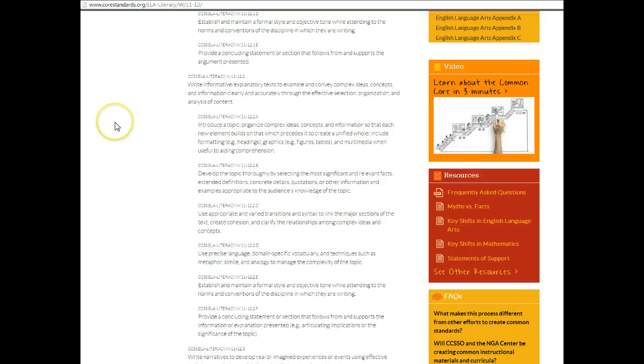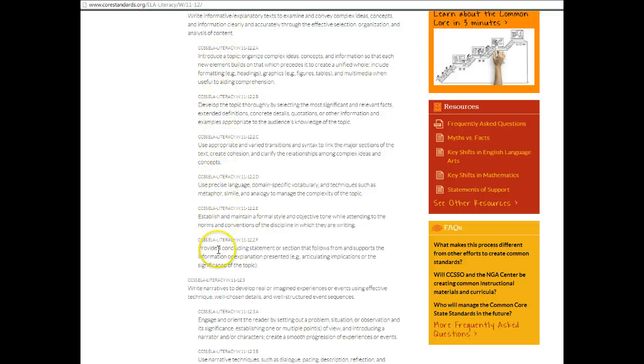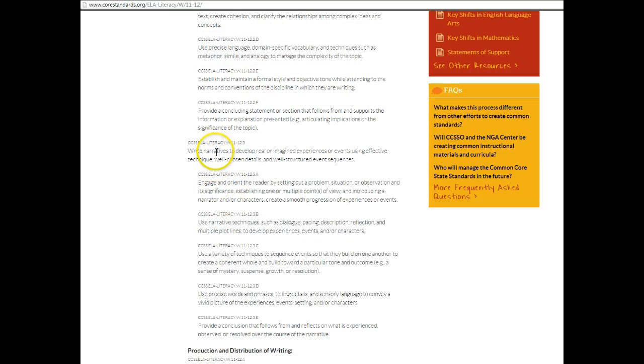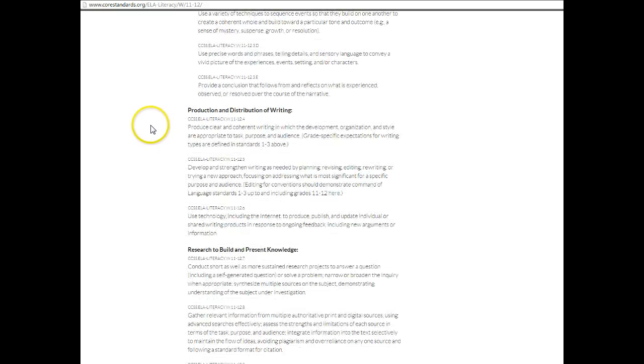And here are the expository texts or explanatory texts, informative texts. Here are the sub-standards for those. Again, they are rising in complexity. And here are the writing narratives, that is, writing a story or a set of events. And here are some sub-standards or expectations on the students. And again, of course, there are the production and distribution of writing standards.